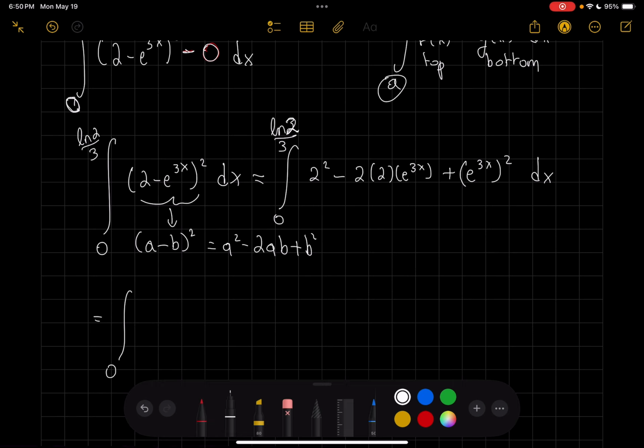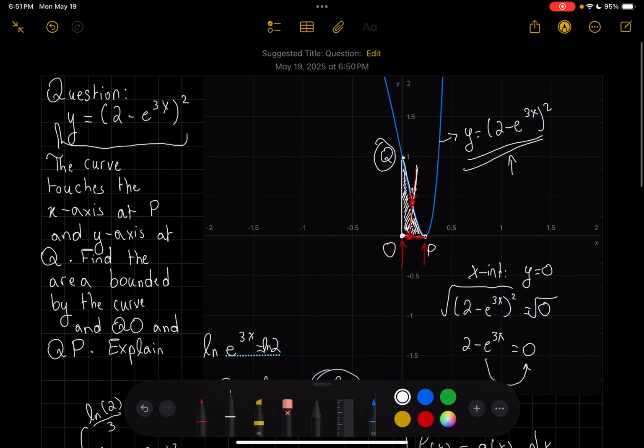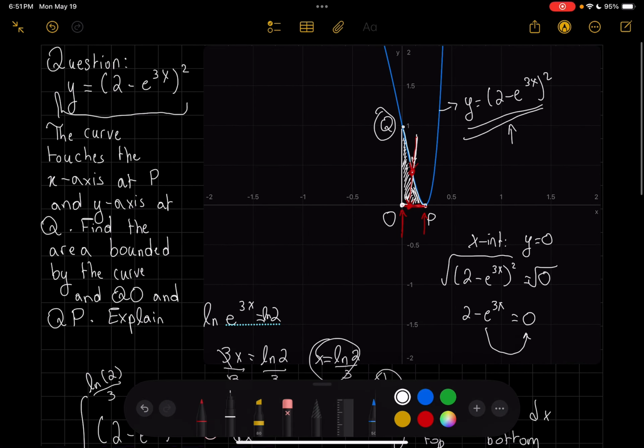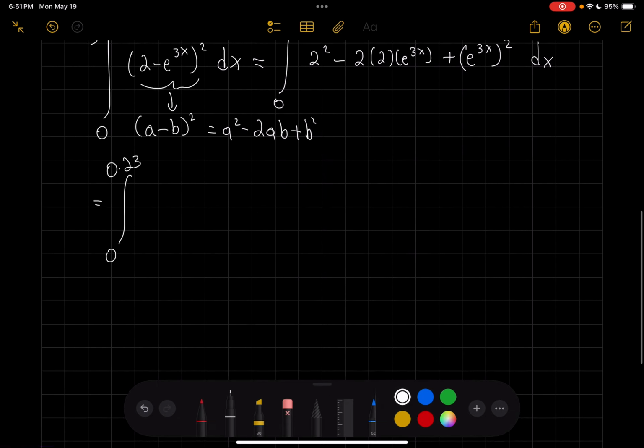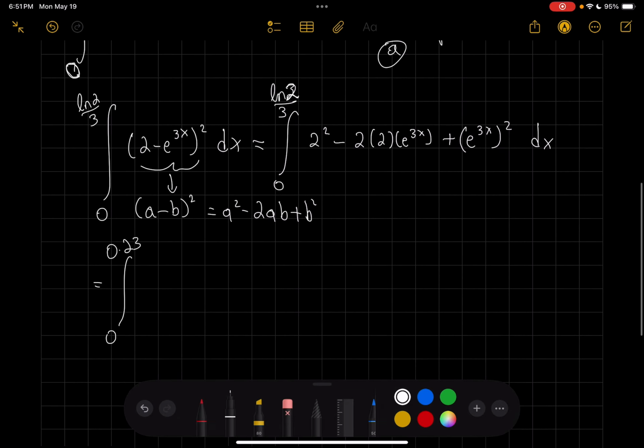You know what? I'm going to change ln 2 over 3 into a decimal, so just give me a minute. It is going to be 0.23. I think it looks like that, because if this is 0.5, then it makes sense that this is 0.23.